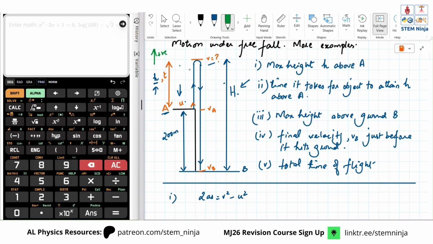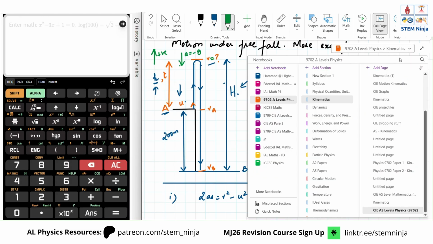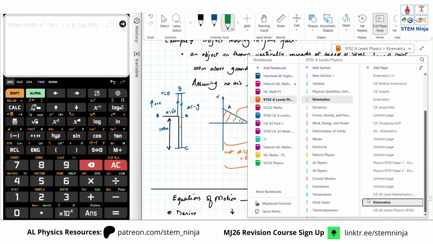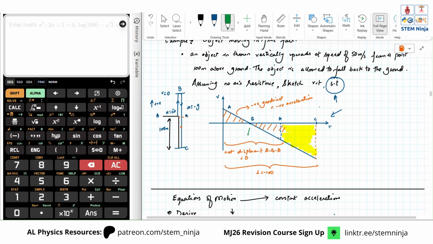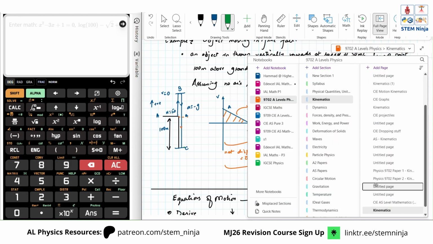Now, while the body is going upwards, it is decelerating because the acceleration is pointed downwards. This will be the point where velocity briefly turns zero. We saw that in the previous video, where the velocity changes direction. So it turns briefly to zero.